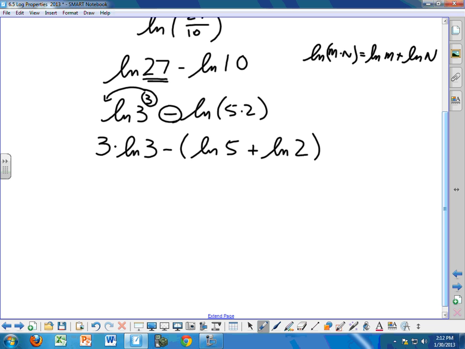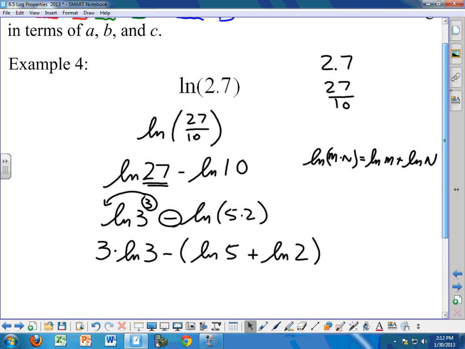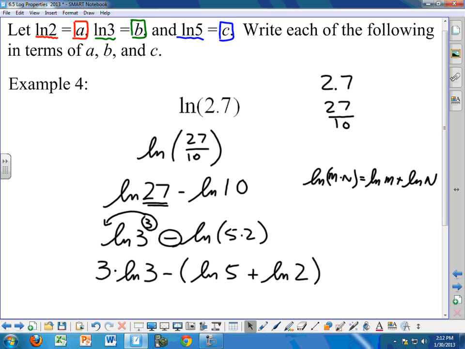I do now have a few things to replace. In the problem itself, going back to the top here, we see that we have a natural log of 2, that's located right here, and that's going to come out to be an a. We've got a natural log of 3, that's located right here, that's going to come out as a b. And we've got a natural log of 5, which is right here, and that's going to come out as a c.